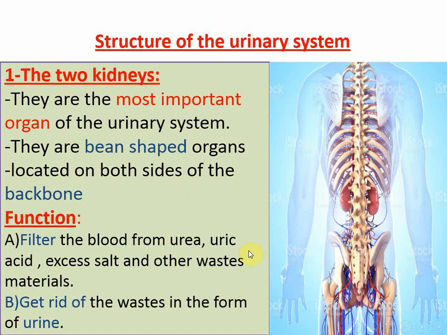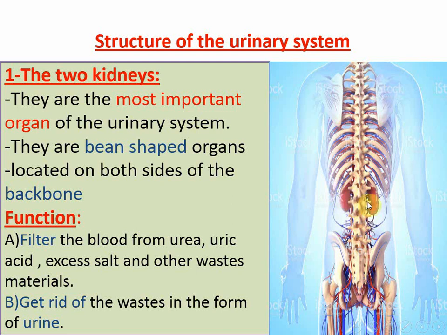Now we will talk about the structure of the urinary system. The first organ is the 2 kidneys. They are the most important organs of the urinary system. They are bean-shaped organs, like the shape of a bean, located on both sides of the backbone.